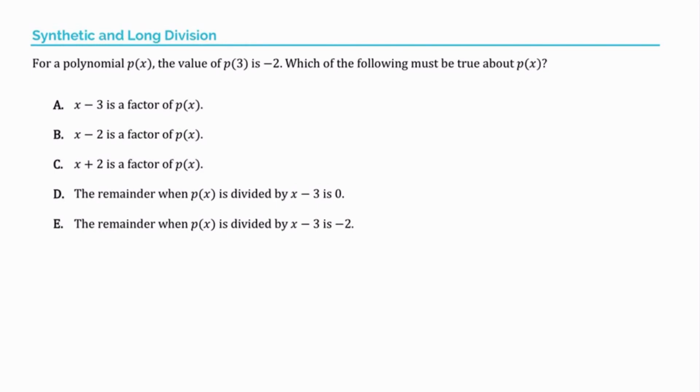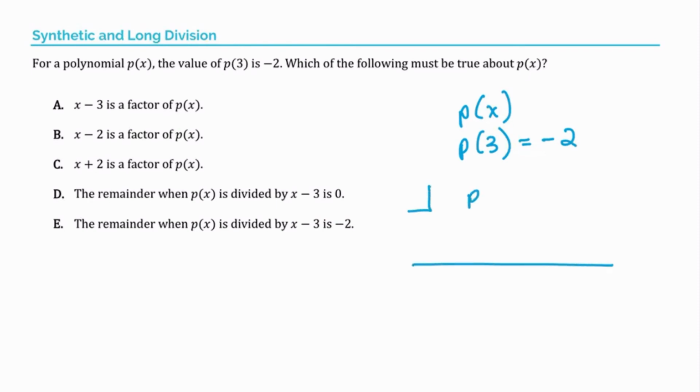It is telling us that we have some sort of polynomial, p of x, that when we do p of 3, so when you take the value of 3 and you plug it into each part for x, it equals -2. So if you think about that the same way we just talked about with that synthetic division setup, we have the coefficients for our polynomials here, we have a 3 here, and then we have a -2 here.